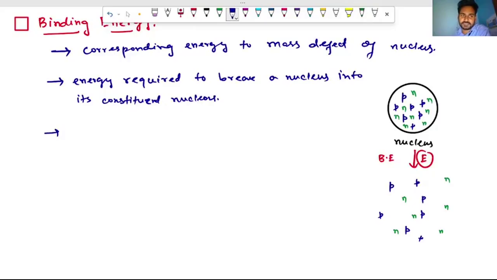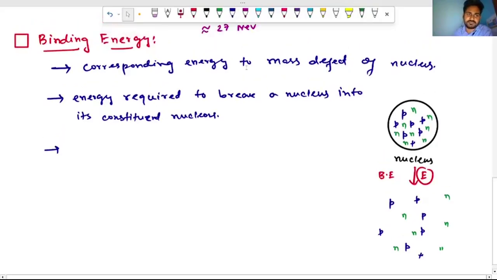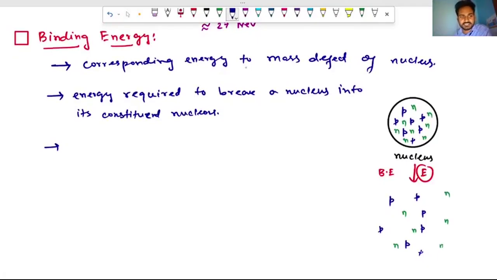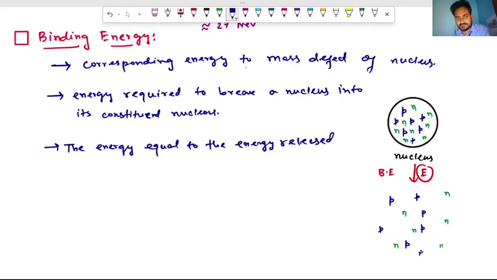In some other way we define binding energy. What is binding energy? The energy equal to the energy released when a nucleus is formed.